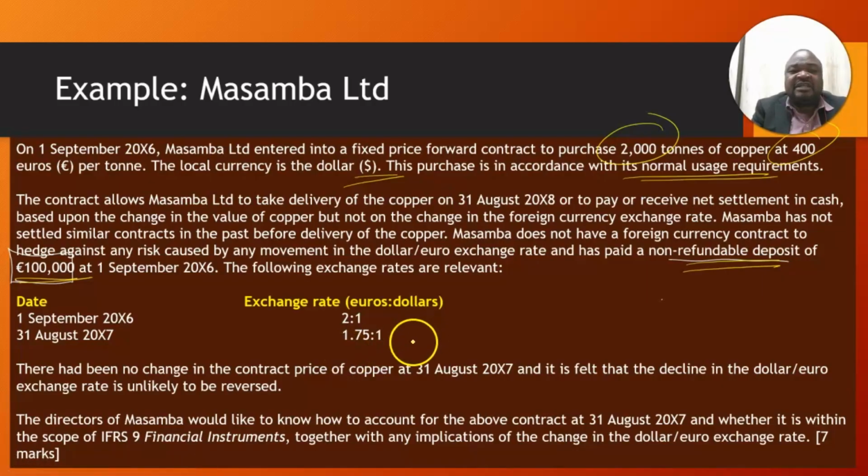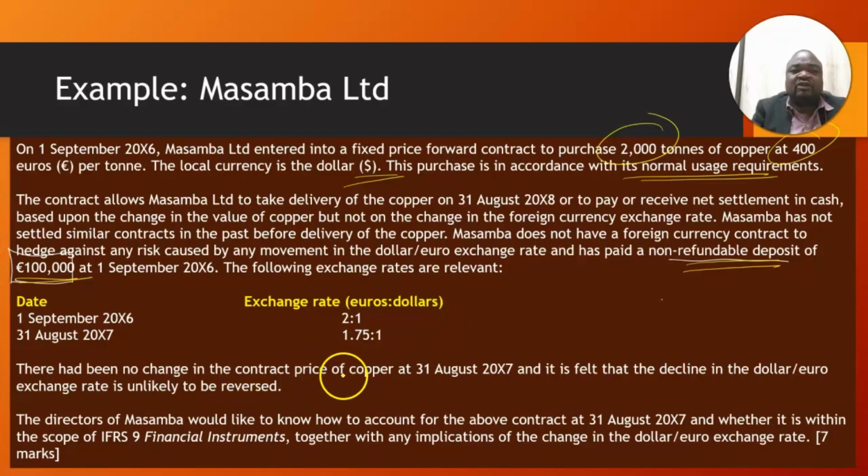So in essence, the euro was appreciating, because previously we could buy 2 euros per dollar, but now we are only buying 1.75.